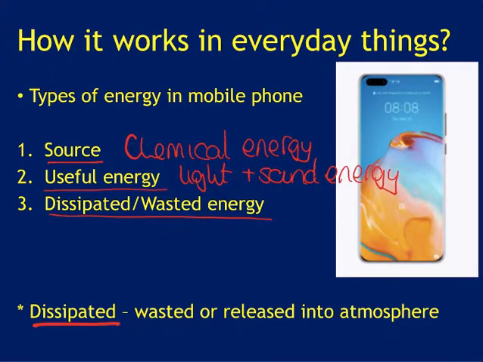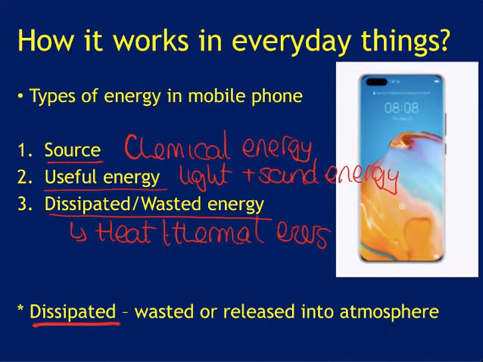And then what might be the wasteful energies? So you mightn't see it as much with your phones as used to be, as my son would say, in olden days, but the dissipated and wasted energy can actually be as heat. So thermal energy, that would be the wasted energy.